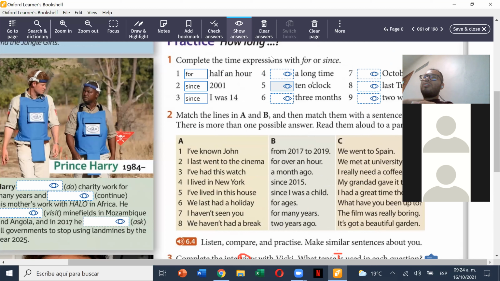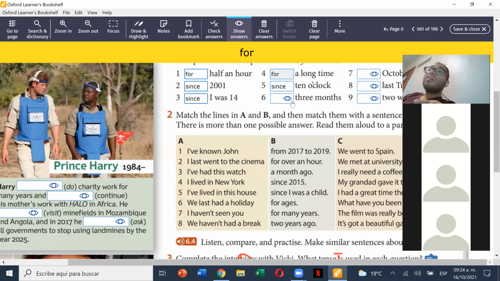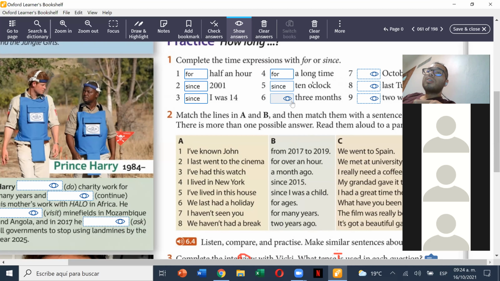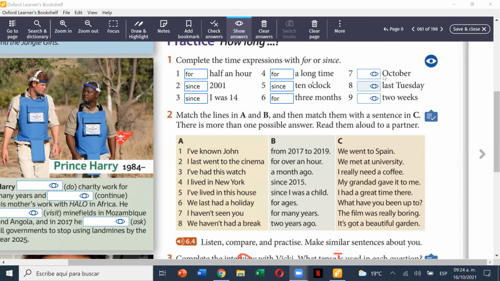What about the next? For a long time or since a long time? For a long time. Then we have a specific time, since 10 o'clock. Number 6. For 3 months. Number 7.